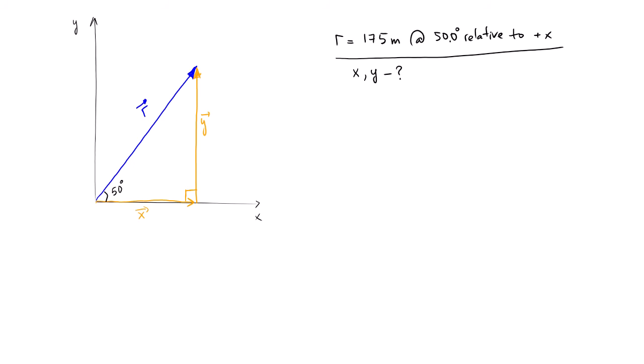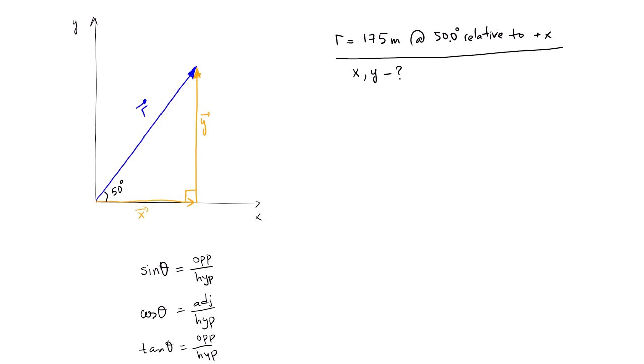So if we use the definitions of trigonometric functions, where sine theta equals opposite side over hypotenuse, cosine theta equals adjacent over hypotenuse, and tangent theta equals opposite over adjacent.